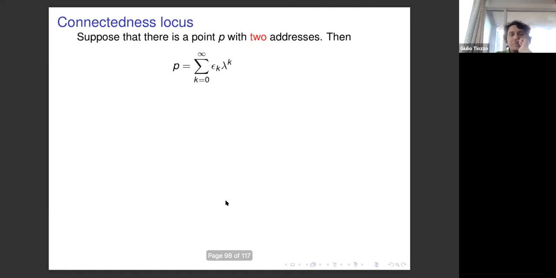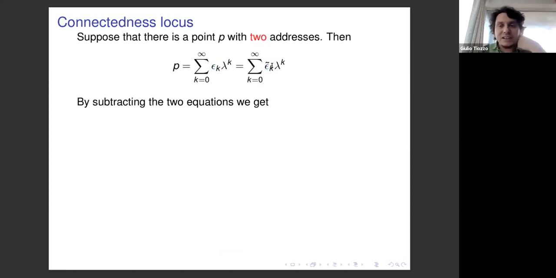So you can write this point P as this combination of epsilon k lambda k for some epsilon, so this is one address, and for some other address epsilon tilde. Then you just subtract these two things. If you subtract term by term, you get that the sum of epsilon k minus epsilon tilde k times lambda k has to be 0.